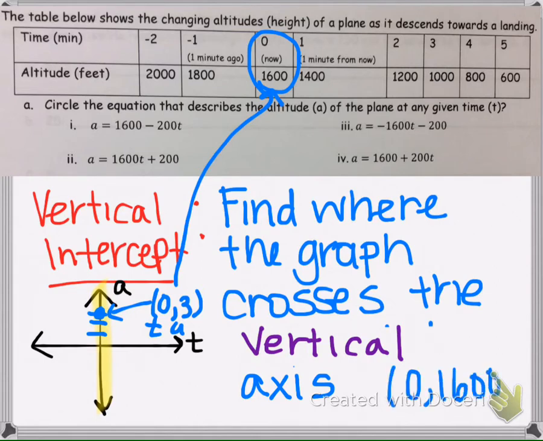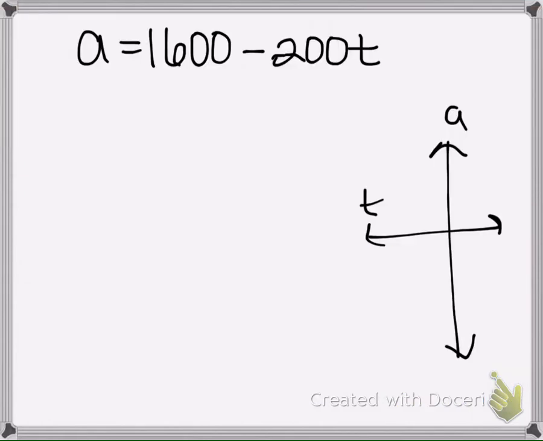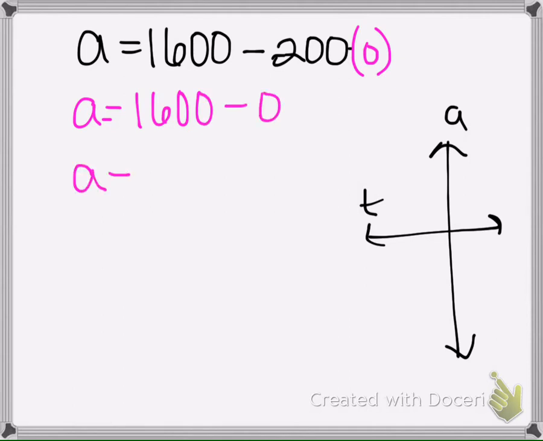Now, if our table didn't give us that, or we didn't notice that, we can also do it algebraically by letting the time be 0. So if we let the time be 0, we would get 1600 algebraically.